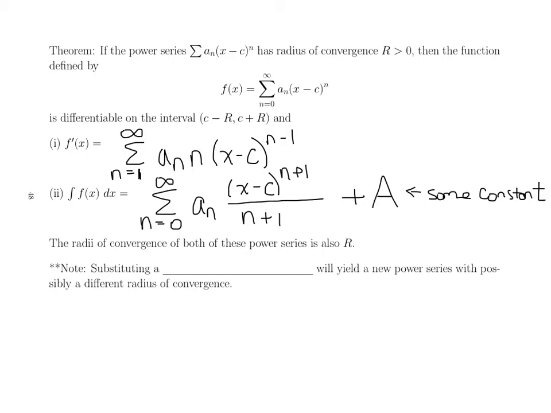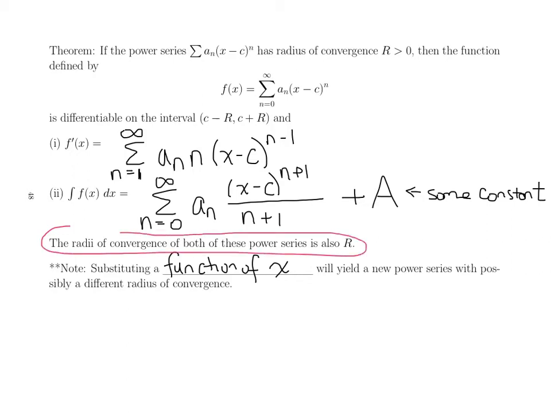One quick note when we're starting to think about radii and intervals of convergence: if we substitute a function of x into one of these power series representations, we're going to get a new power series with possibly a different radius of convergence. But you'll notice for these two here, the derivative and the integral, the radii of convergence of both of these is still r.